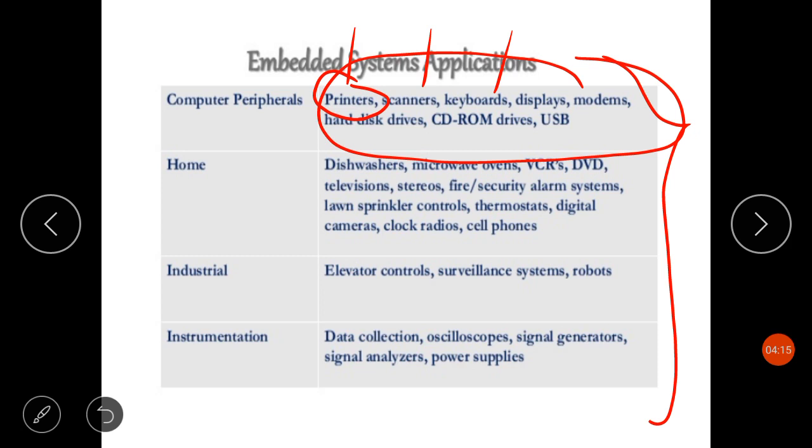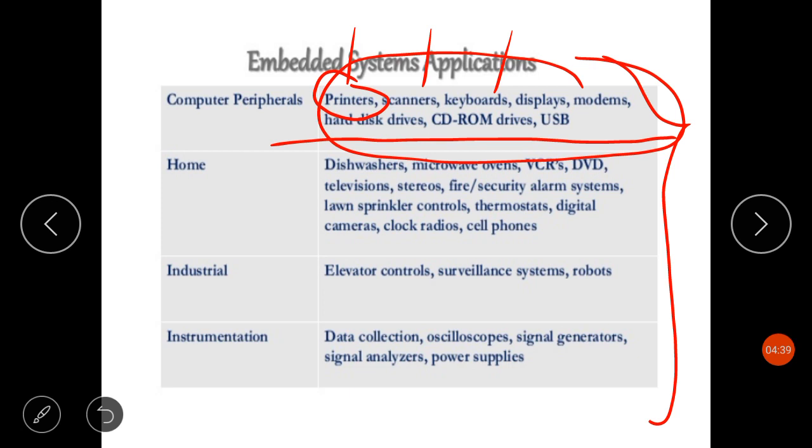Each one of these computer peripherals has a microcontroller inside it that performs only one task. For example, inside every mouse, there is a microcontroller that performs the task of finding the mouse position and sending it to the PC.